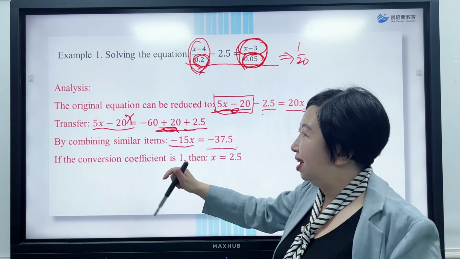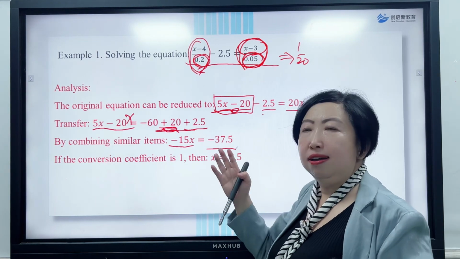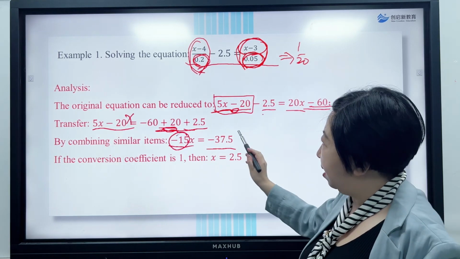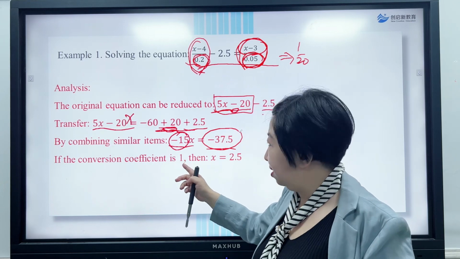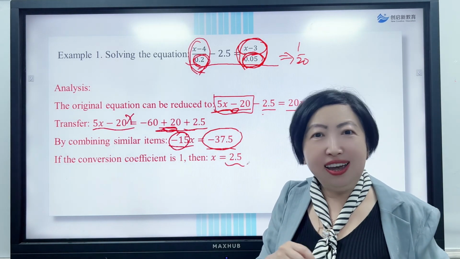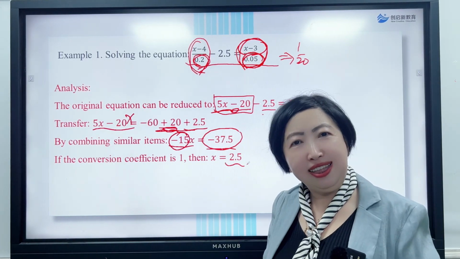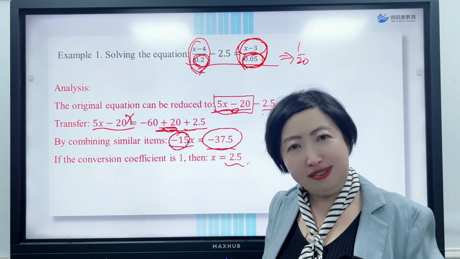Then the last step: the coefficient is not 1, so we change it to 1. Divide the left and the right by negative 15. Of course, x is 2.5. That is the answer. If you have any questions, please feel free to send me a private message.